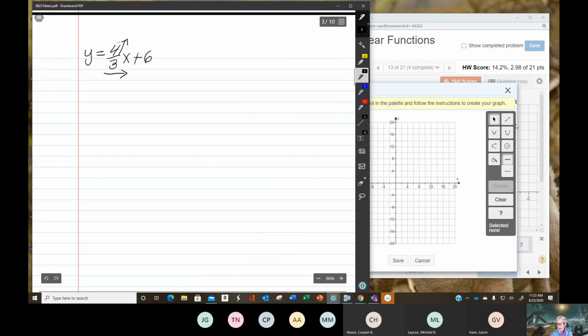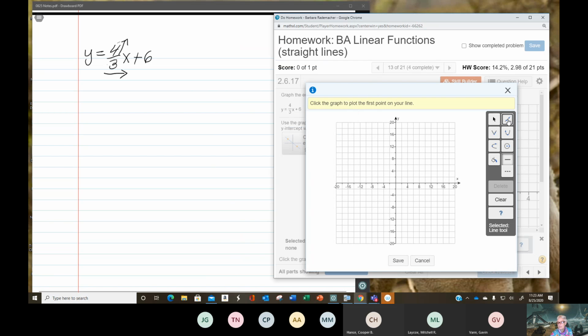Okay, here I go. Oh, first I have to click the line though. And then, okay, I'm going to put a dot on 6. And then I'm going to go up 4. This is 1, 2, 3, 4. 1, 2, 3.